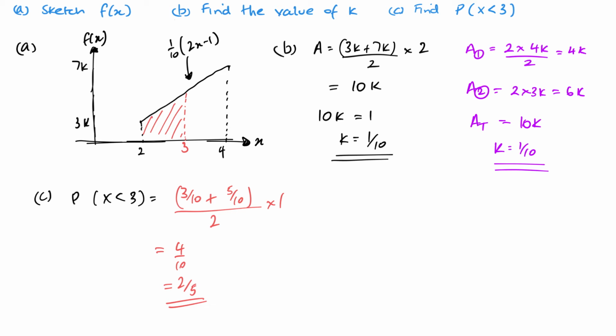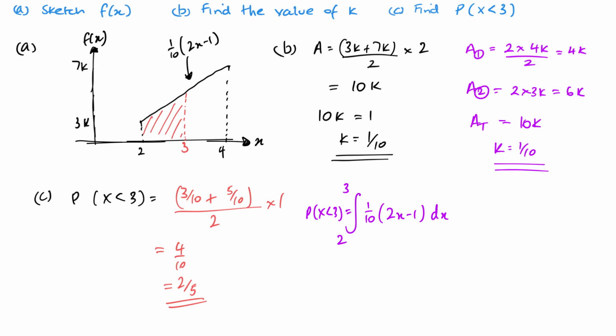Now there is an alternative way of doing this, and that is by integrating. So I could integrate between 3 and 2, and what I'm trying to find here is the integral of 1/10 times 2x minus 1 dx. And this is obviously the probability where x is less than 3.